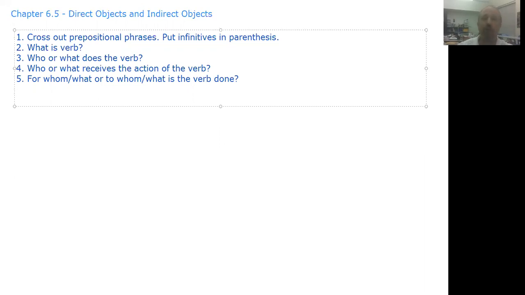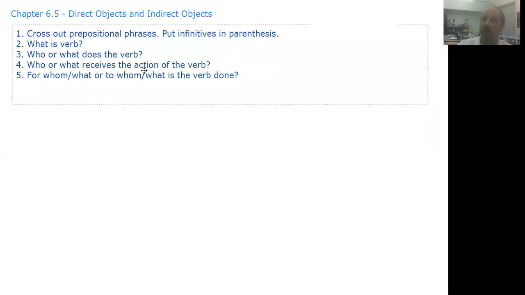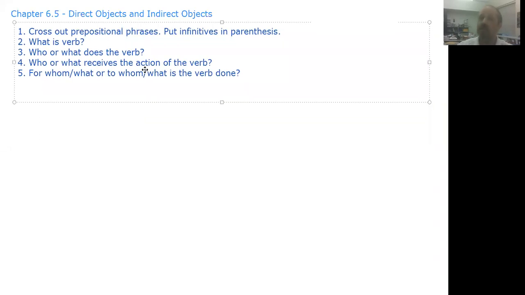So to refresh our memory, when we are analyzing a sentence at this stage of the game, we cross out the prepositional phrases. We put infinitives in parentheses. That's something new that we've just started. And then we find the verb. Then we find who or what does the verb. That's the subject.